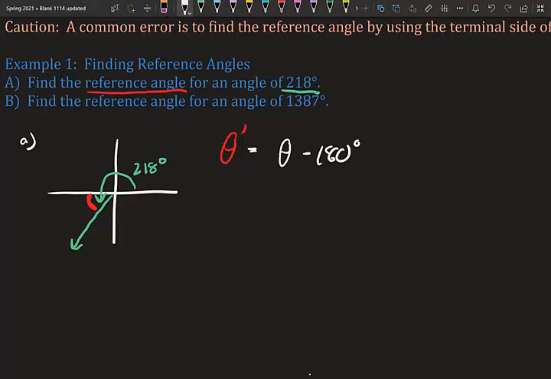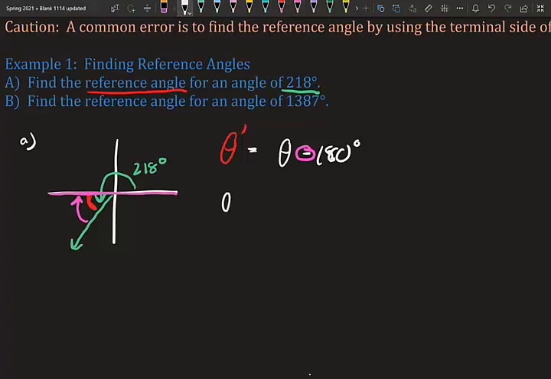Now, why is it minus 180 degrees? You see here how the angle went just past 180? So we want to know, how do I get back to this? This line right here is 180 degrees, this whole line. So it's how do I get back to 180 degrees, and that's why we subtract, because we're trying to get back to the 180 degree mark.